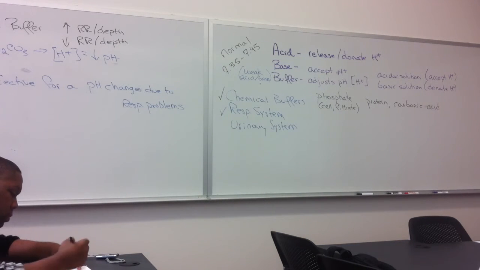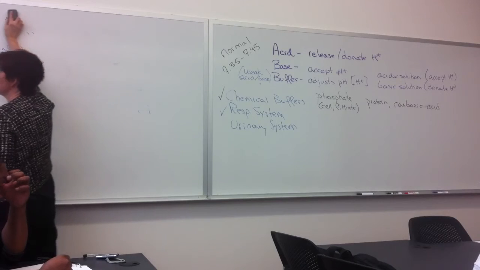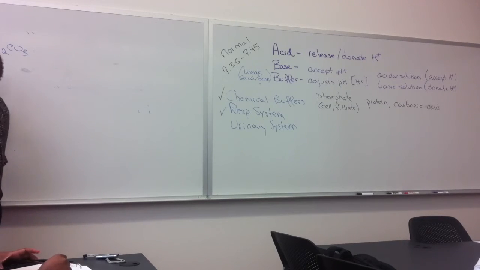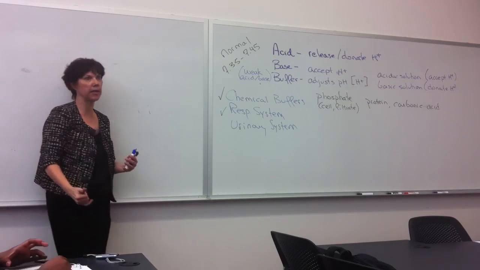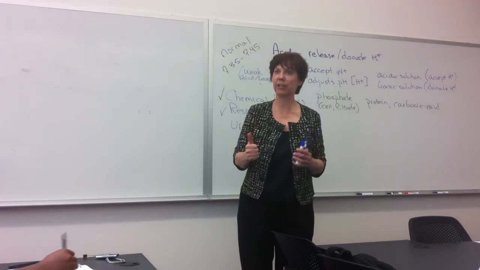What's our definition of secretion and reabsorption? Secretion is adding to which fluid? The filtrate. So if we have respiratory acidosis, are we going to secrete hydrogen ions or reabsorb hydrogen ions? We're going to secrete.